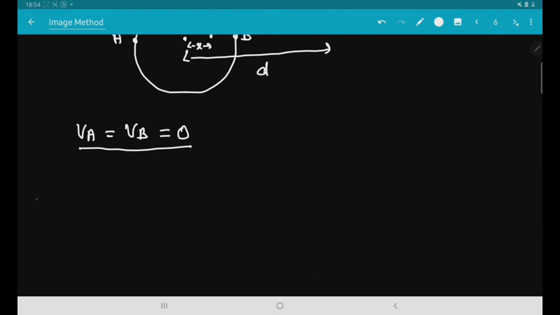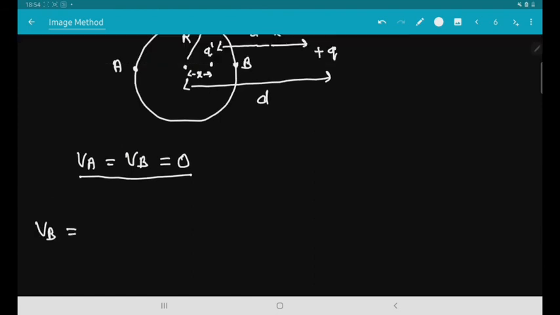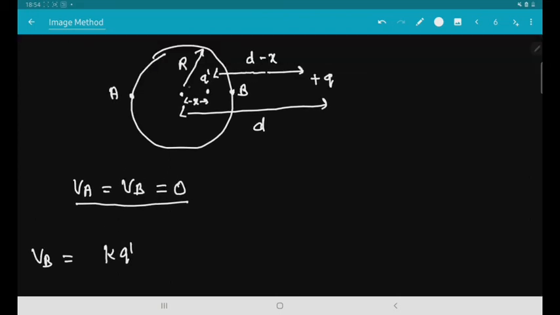So at VB, the image charge will create the potential K Q dash, and what is the distance from the image charge? It is, see, from here to here. Now I am not able to draw here.